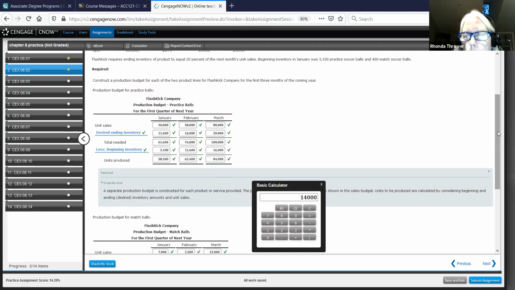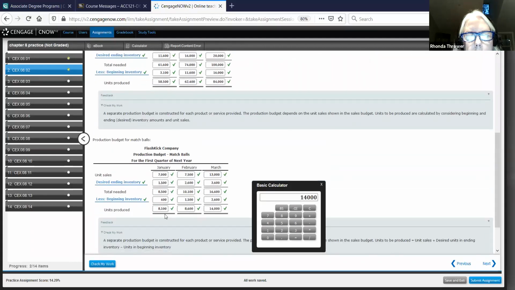the total number of units that we produced were 8,100 units for January. And then 8,600 for February. And then March was 14,000.